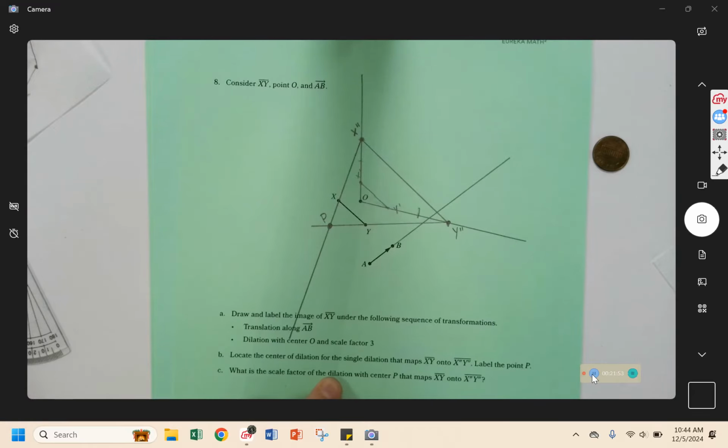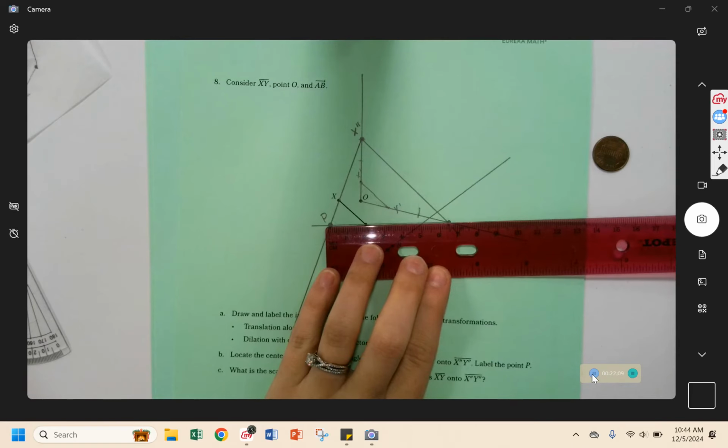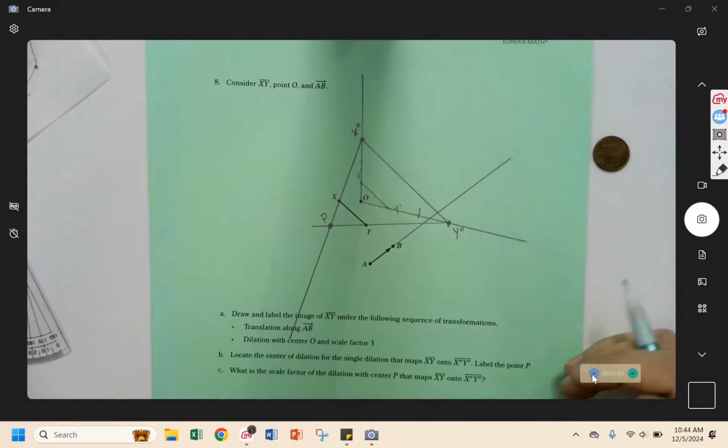What is the scale factor of the dilation with P that maps XY onto X double prime, Y double prime? So if we were to measure, this distance here is right at around 2 centimeters, and this one is at about 6.5.